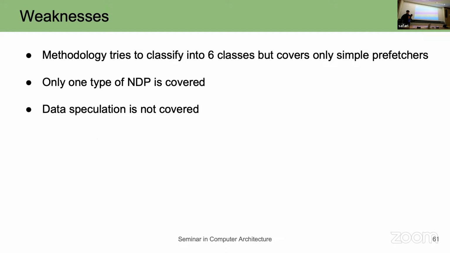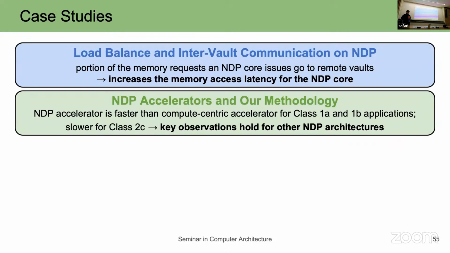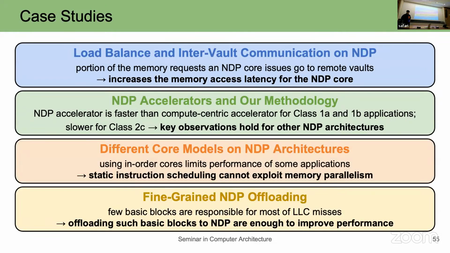So in the case studies, you mentioned that only a few basic blocks are responsible for LLC misses, right? So I'm asking you, is it possible to identify them from the control data flow graph, the CDFG, during compile time? Is it possible?